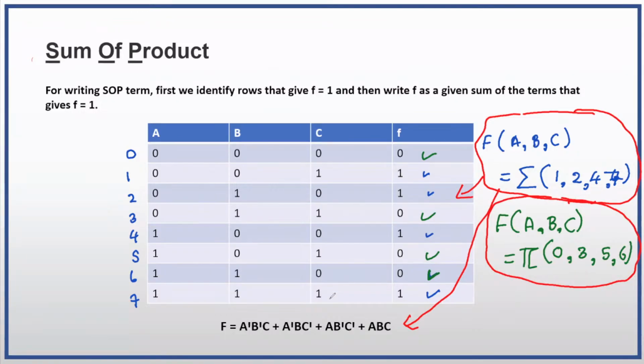So here we haven't used the product of max term. Therefore, you have to write this using sigma. So then let's see how we can obtain this. Now you know how to use the notation.